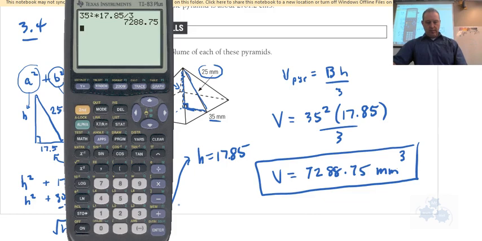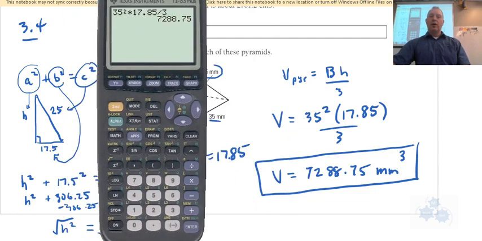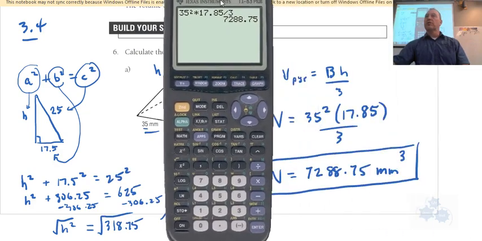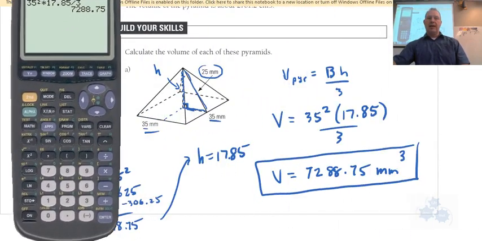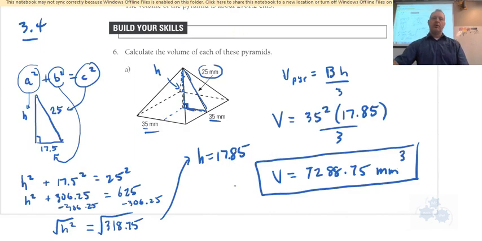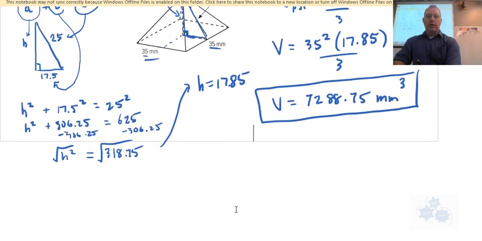Okay. Now if you just used one decimal place here, you get a slightly different number, maybe closer to 7,300. But yeah, we usually use 2 decimal places whenever we can, right? So that is number 6. Any questions? All right.